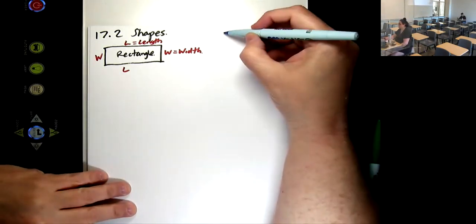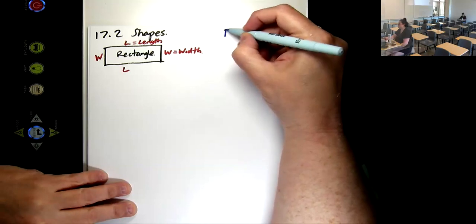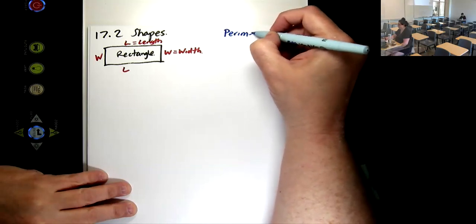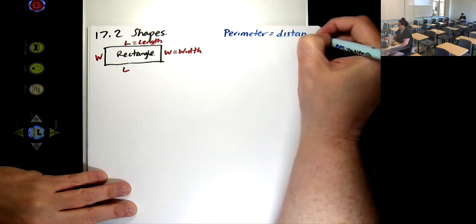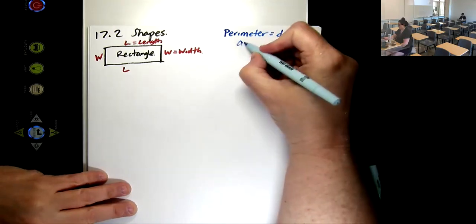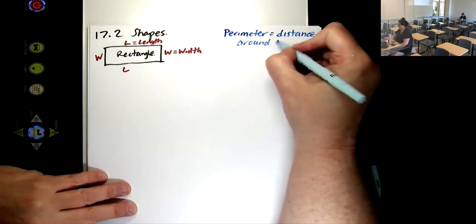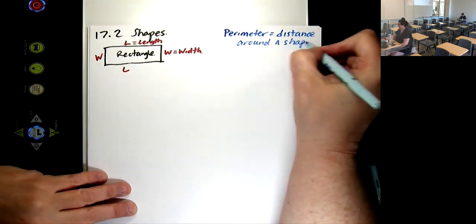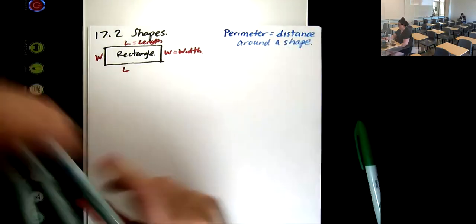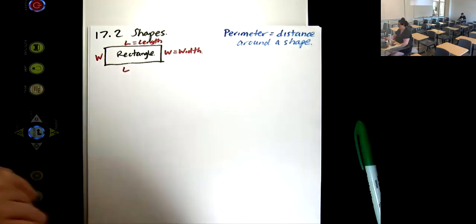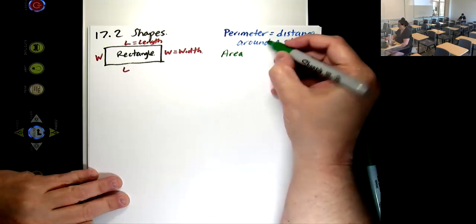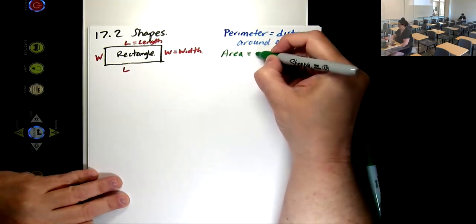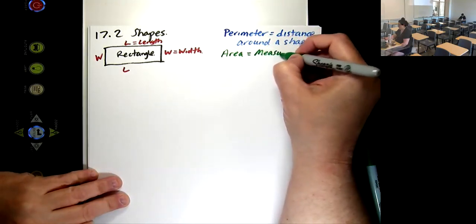So some words to know for this stuff: perimeter means distance around a shape, and area is a measure of the space enclosed.